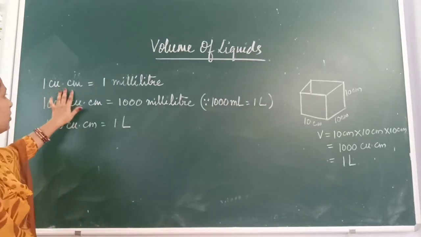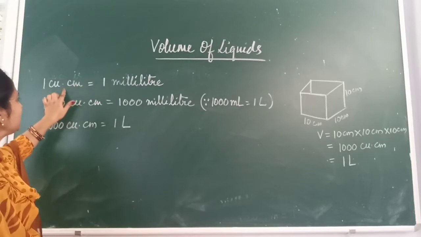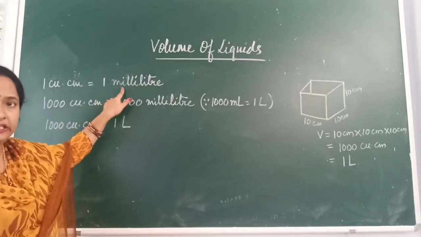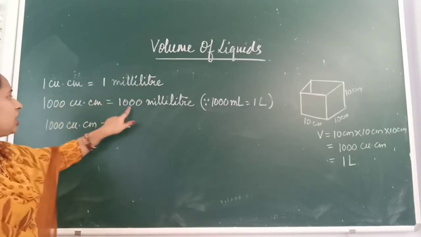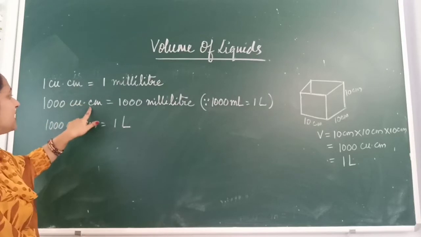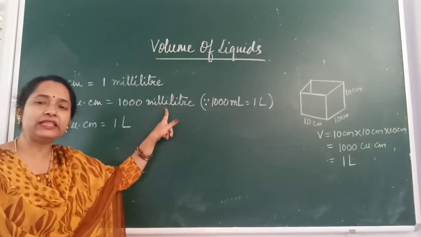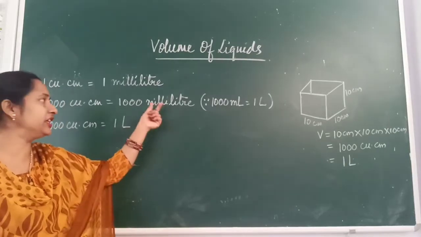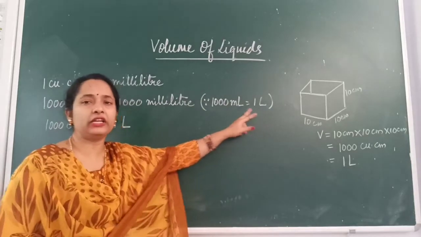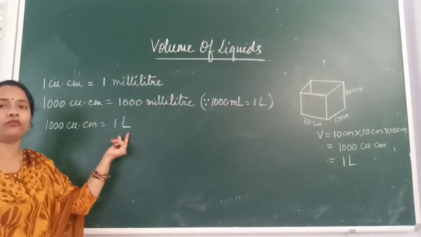Just now we came to know that the volume of 1 cubic centimeter is equivalent to the capacity of 1 milliliter. If you multiply by 1000 on both sides, 1000 cubic centimeters will be equal to 1000 milliliters. Already in the chapter on measurement we have learned that 1000 milliliters is equal to 1 liter. This means 1000 cubic centimeters is equal to 1 liter.